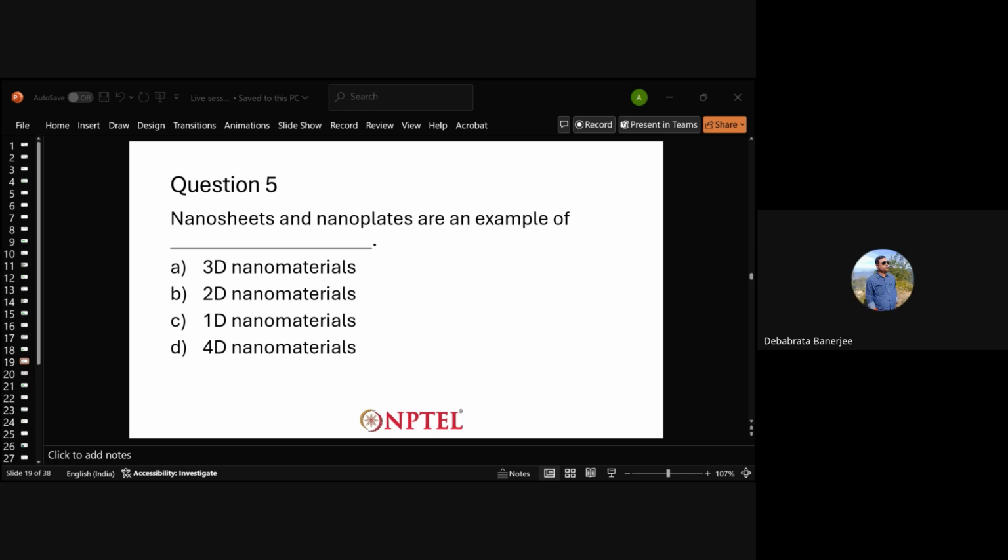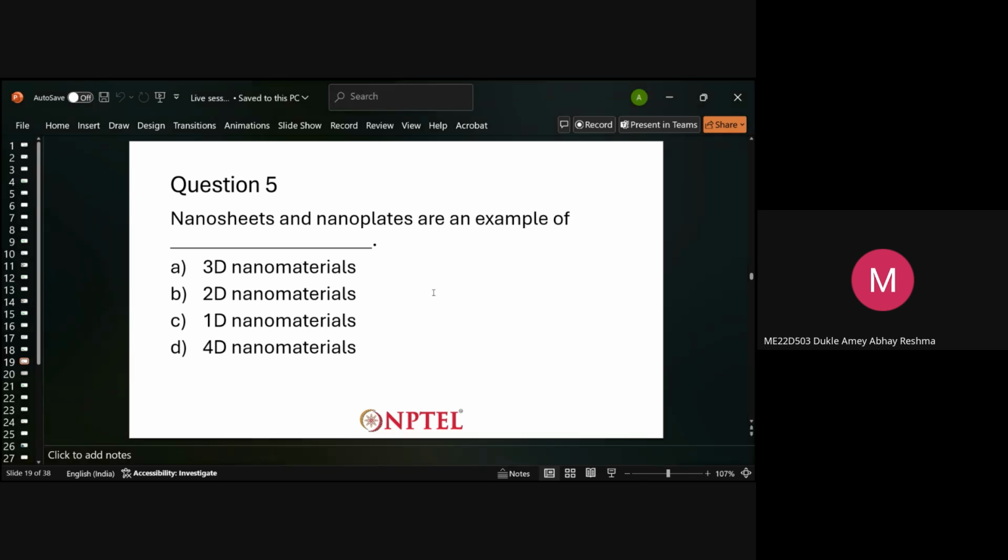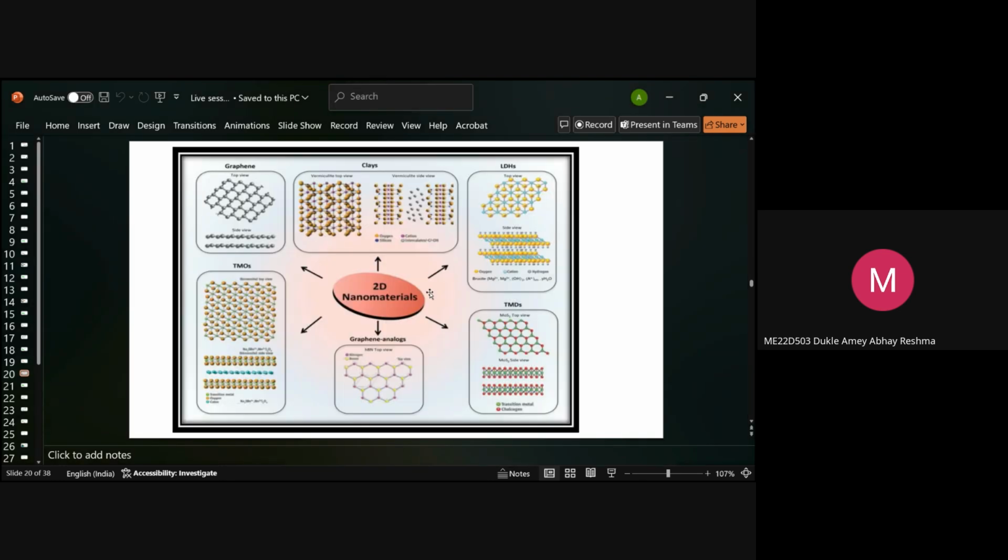No, it is a 2D nanomaterial. As I said last time, it's a 2D nanomaterial.